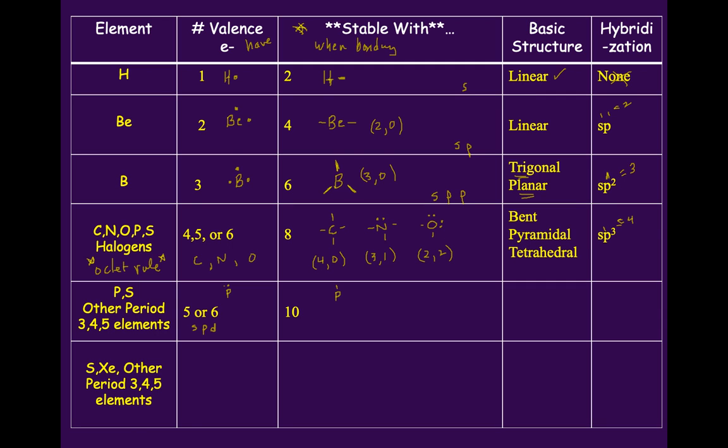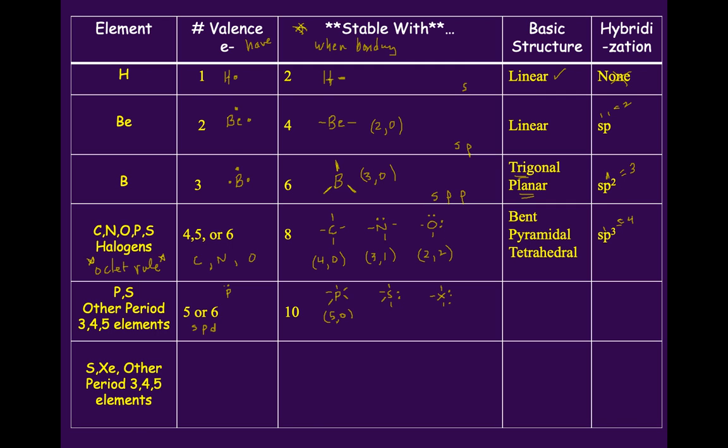So phosphorus can have 1, 2, 3, 4, or 5 bonds. Okay, so you can have 5, 0 here. You also can have sulfur, which can have 1, 2, 3, 4 bonds and a lone pair, right? And you can even have elements that have 1, 2, 3 bonds and 2 lone pairs.